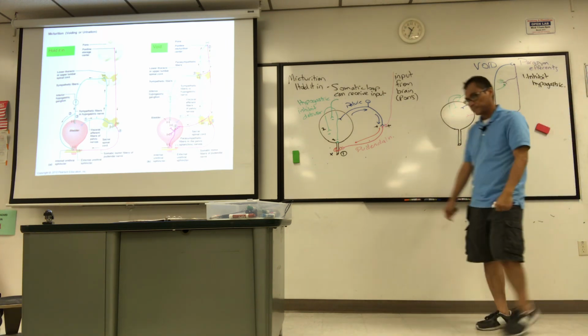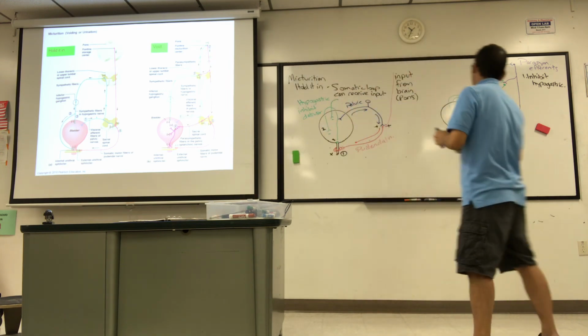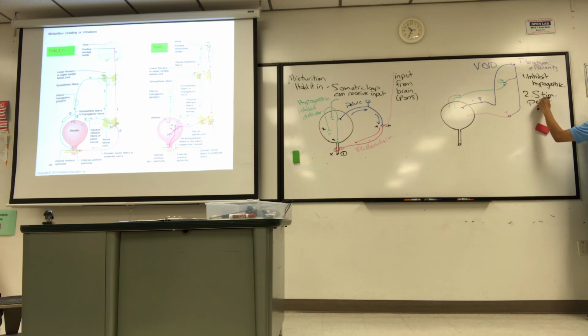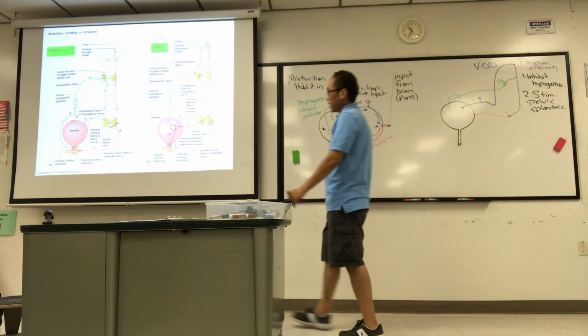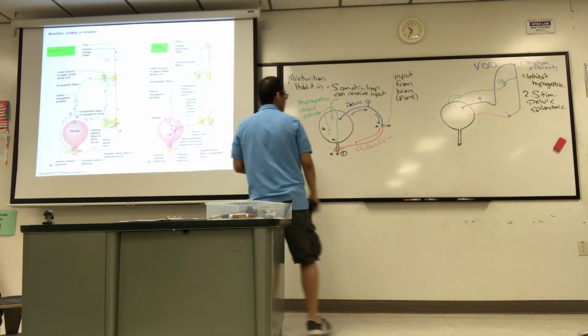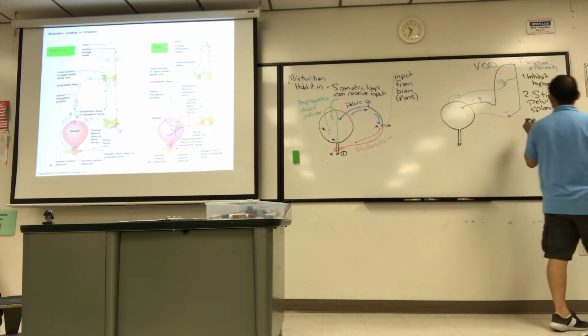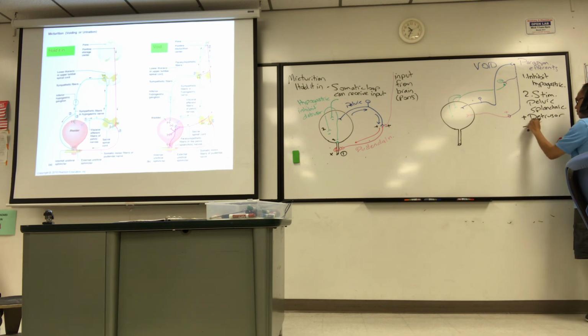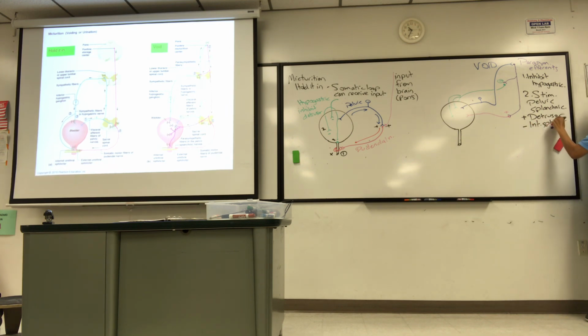Number 2. The pelvic splanchnic nerve contracts the detrusor and inhibits the internal sphincter. So on my notes, I'll put plus next to detrusor and a negative sign for internal sphincter. That's what the pelvic splanchnic does.